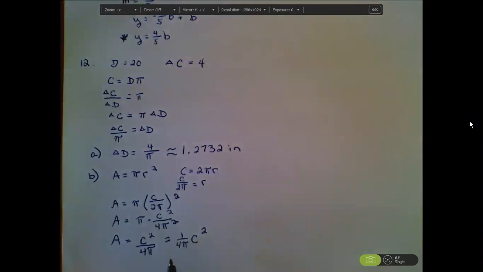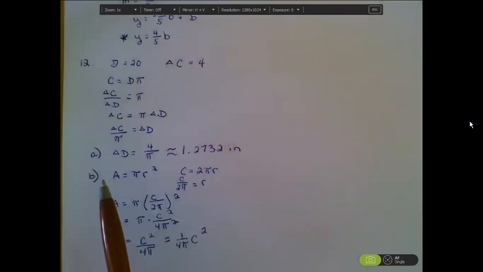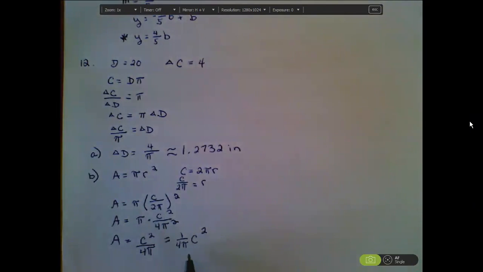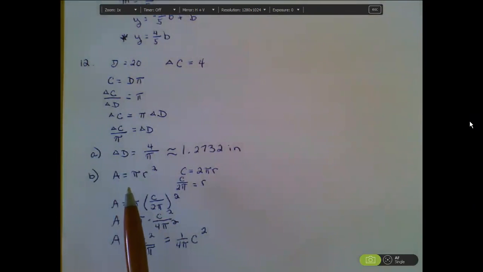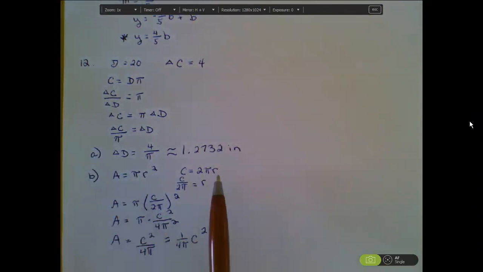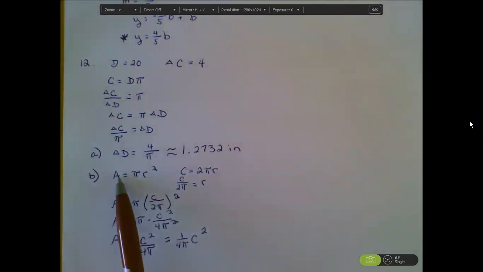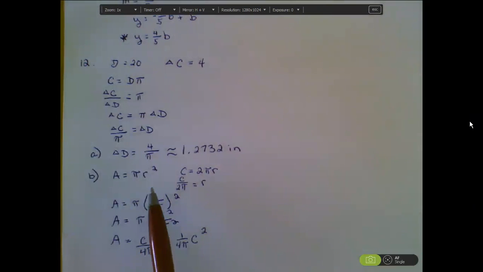And Ms. McKenzie, even if there aren't any questions, even if you followed what I did, that's not the same as being able to do it yourself. Let me go back to how I knew that this is what we needed to do. I was asked for a change in area, so just to write something down, I wrote down my area formula. And then I thought, well, I can't differentiate that because I don't know anything about delta R. And then I thought, well, what do I know something about?